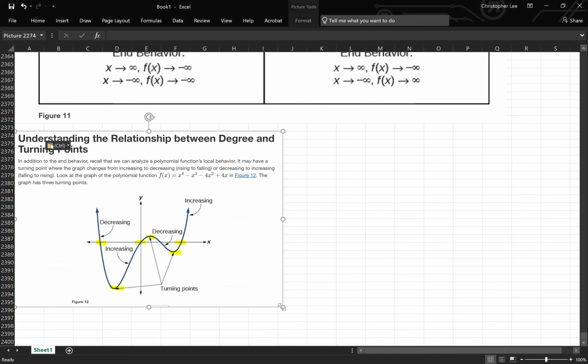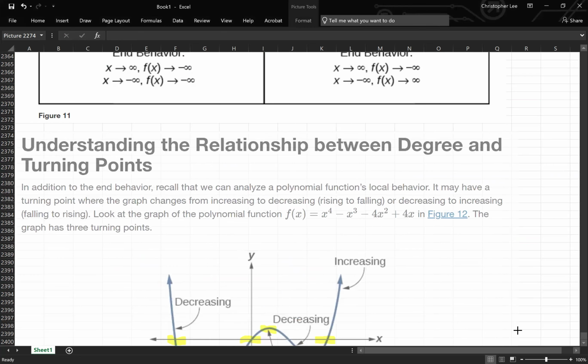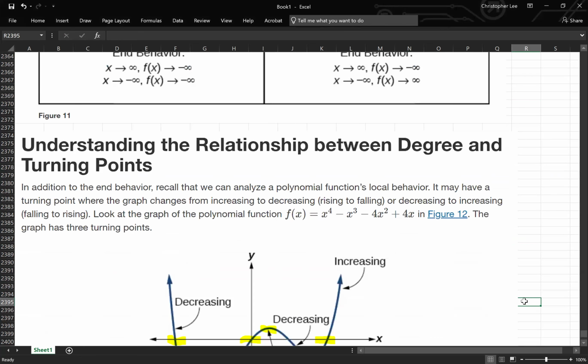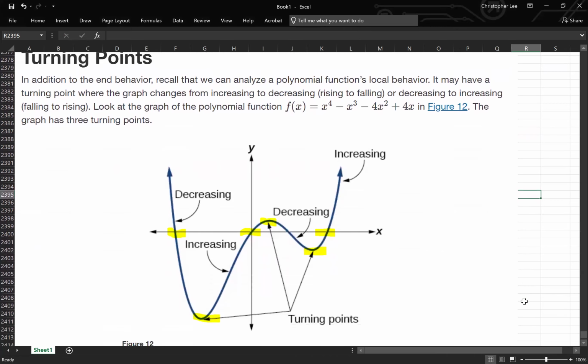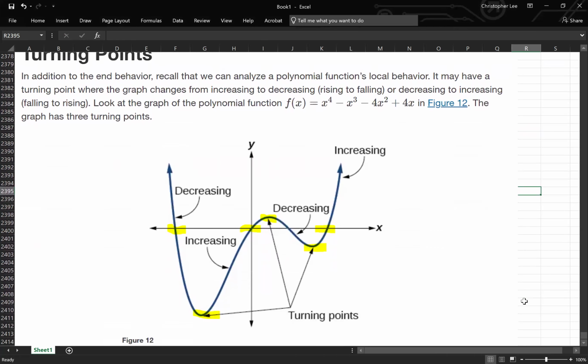Understanding the relationship between the degree and the turning points. In addition to the end behavior, recall that we can analyze a polynomial function's local behavior. It may have a turning point where the graph changes from increasing to decreasing, rising to falling, or decreasing to increasing, falling to rising. Look at this polynomial, f of x equals x to the fourth minus x to the third minus 4x squared plus 4x.